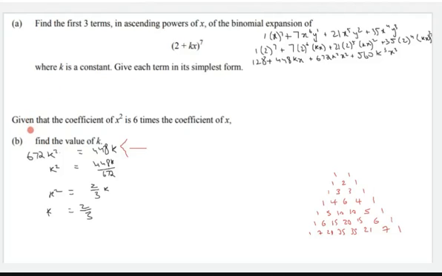Because you notice the question says, given that the coefficient of x squared is 6 times. So the 6 would go like that. It basically just makes the numerator 6 times bigger, which makes the answer for k 6 times bigger.